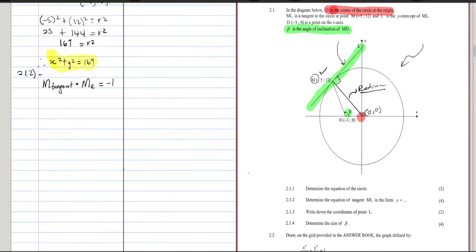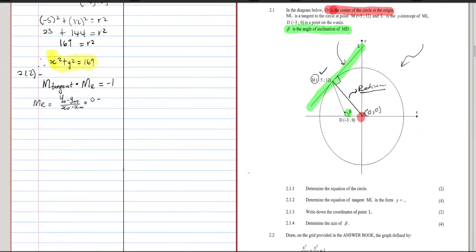So mr is equals to yo minus ym over xo minus xm, equals to, what is yo?